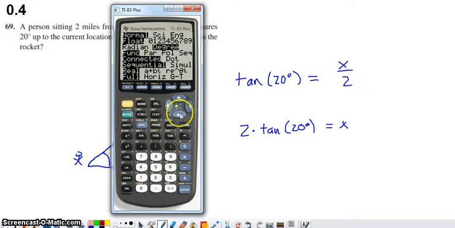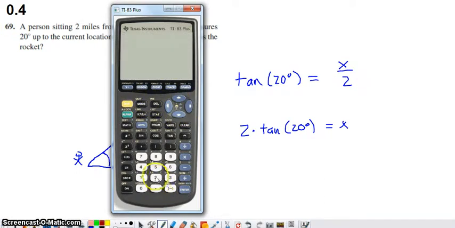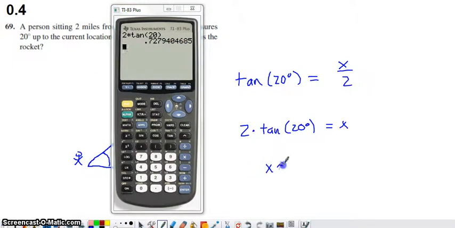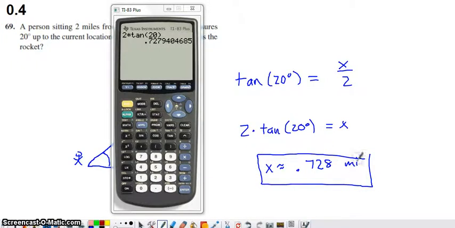So I'm going to bounce my calculator into degree mode, and then if I do 2 times tangent of 20 degrees in the calculator, I get my value. So the rocket is approximately 0.728 miles, rounding to 3 digits beyond the decimal, off the ground at the time when the person measures this 20-degree angle.